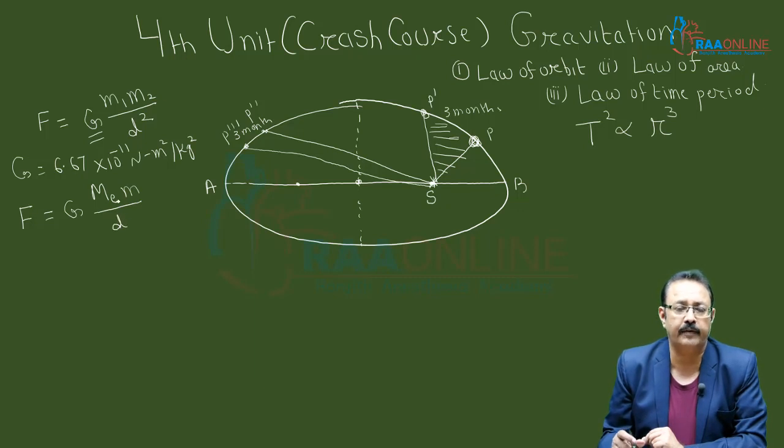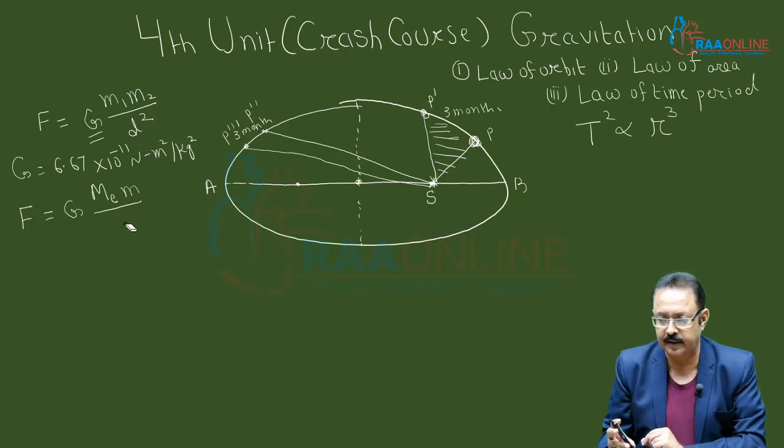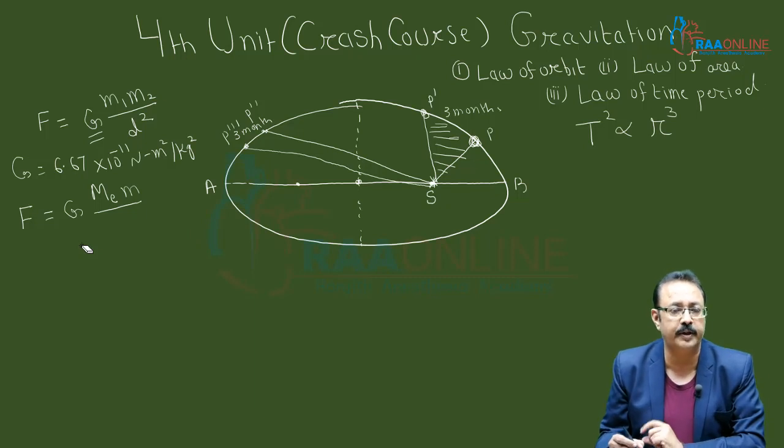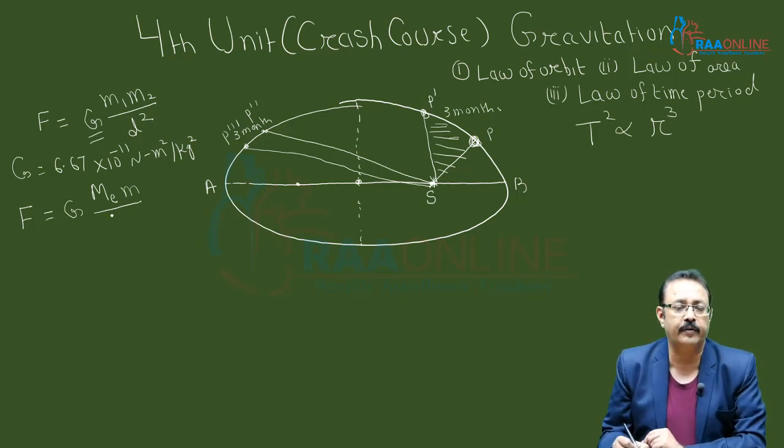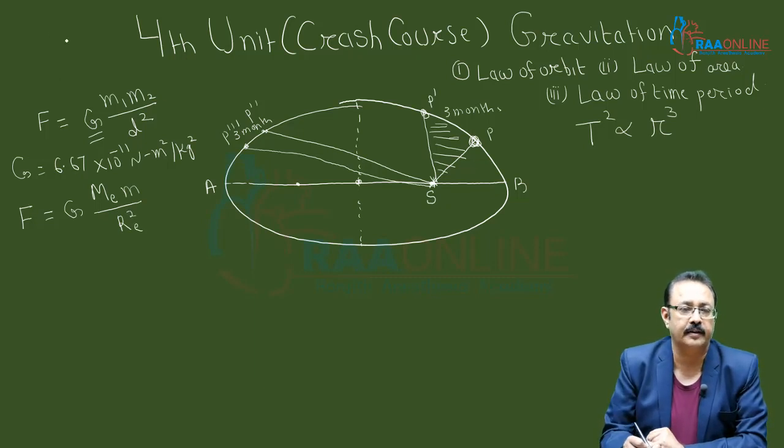The distance between the two objects should be equal to the radius of Earth, because we are assuming that the whole mass of Earth is at its center. So the distance between an object situated on the surface of Earth and the center of Earth should be equal to the radius of Earth.